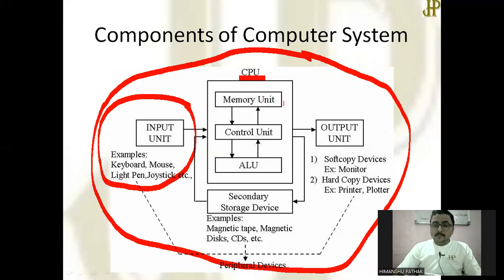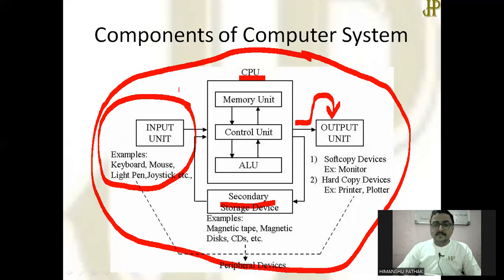And in the CPU, processing is done, and after that, either the result is stored in secondary memory storage devices, or the result is shown in various output units like monitor, printer, plotters, etc.